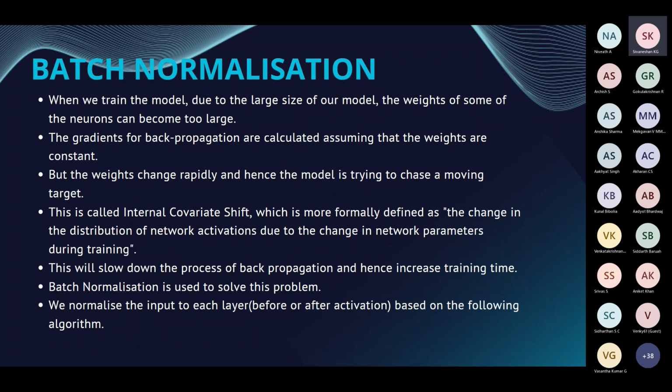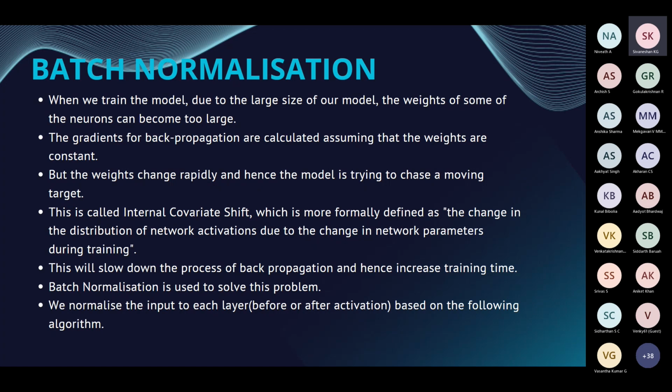But as our model is pretty deep, and as our data passes through the model, you can no longer ensure that this is still true for all the later layers in our model. This can lead to an exploding gradient or a vanishing gradient problem, and this is called internal covariate shift.